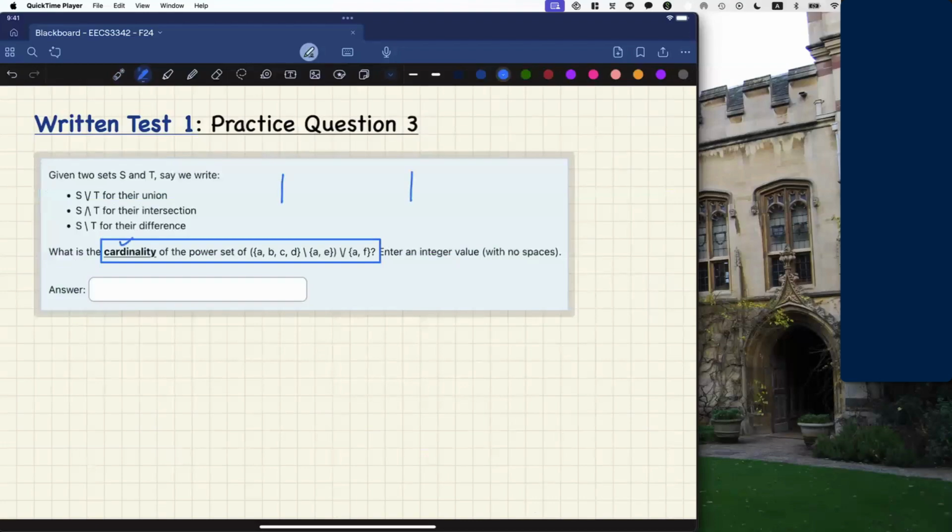So the cardinality of the power set of something here. And then it's this particular set. And the set itself is computed by, let's see here. So it's going to be, first of all, the difference between A, B, C, D.